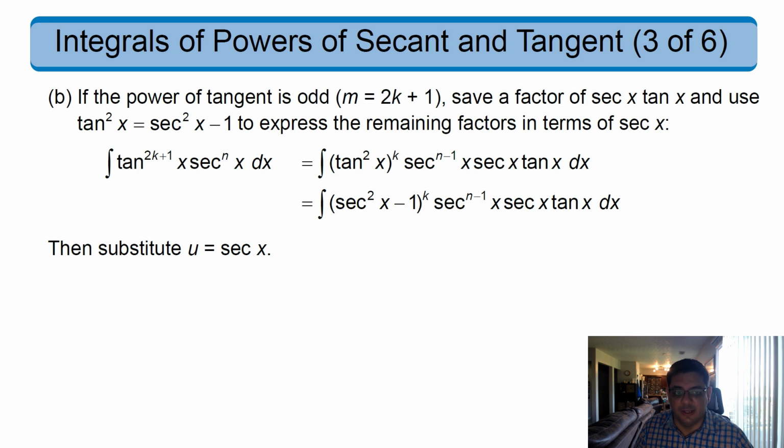We subtract one of the secants, we leave it here, secant times tangent. So we have the derivative now of secant, which is secant times tangent. And now we transform this tangent squared into secant squared minus 1, and then you can see the substitution. This is going to become u squared to the k, this is going to become u to the n minus 1, and this secant times tangent here is going to be the du.